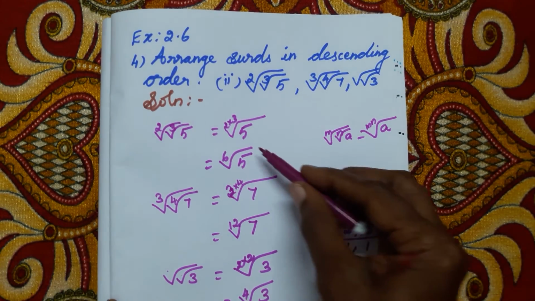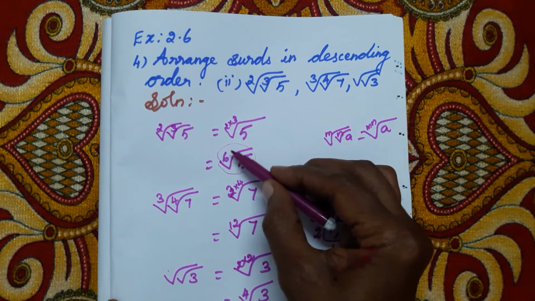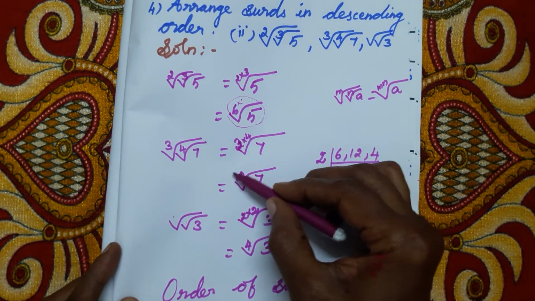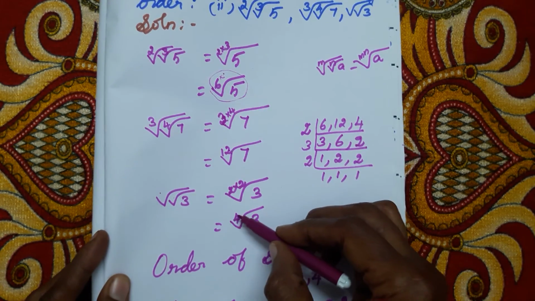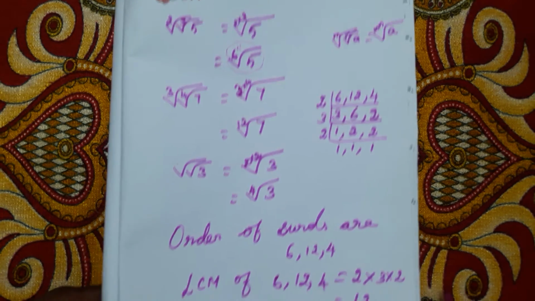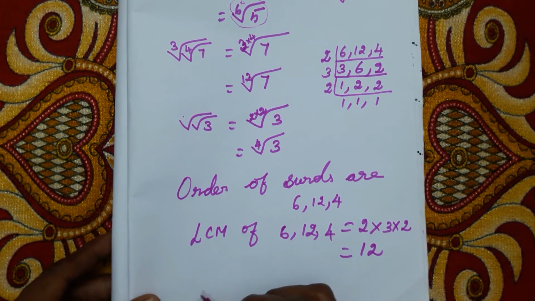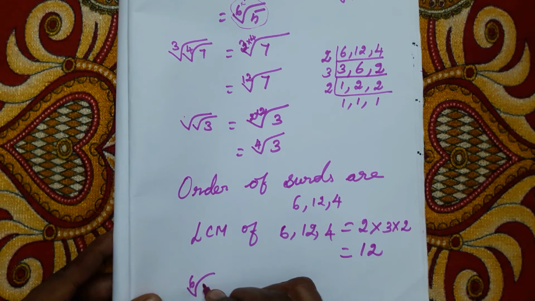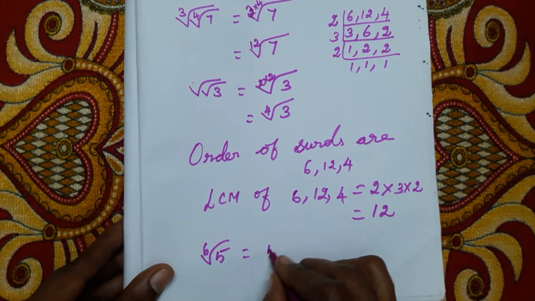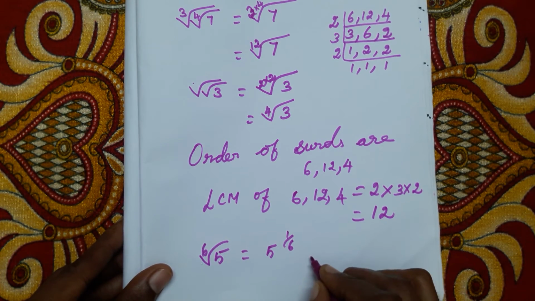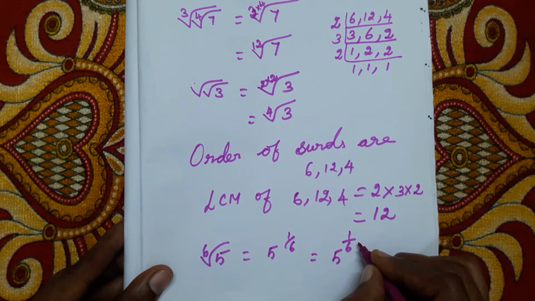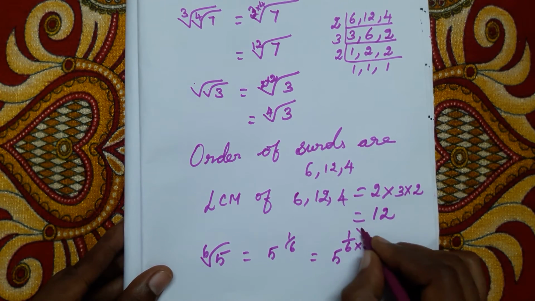Now we have to convert this 6th root of 5. The order we have to convert into 12. Here already the order is 12. Next, here also we have to convert the order into 12. So I am taking the first number, 6th root of 5. 6th root of 5 we can write as 5 power 1 by 6. Which number can we multiply here? 2, 2.